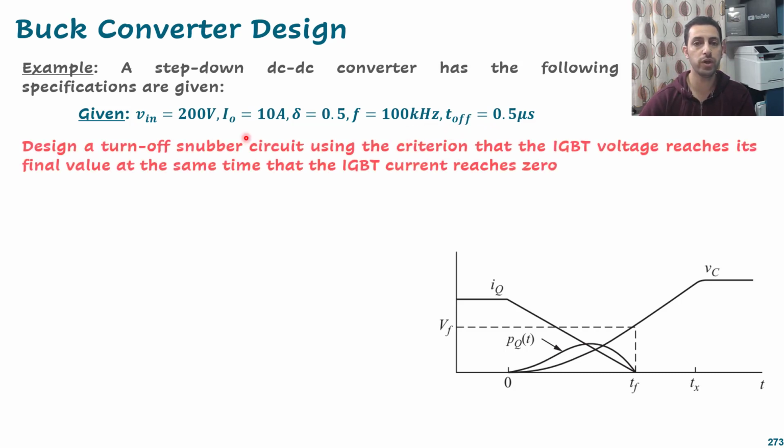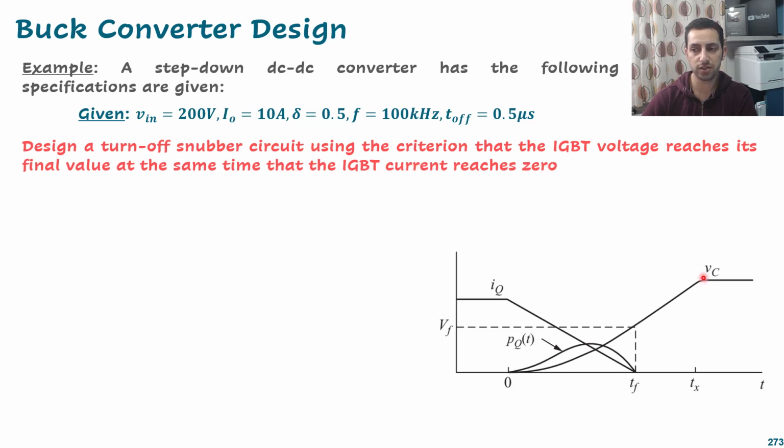So we want to design a turn-off snubber circuit with the criterion that the IGBT voltage, which is this one, reaches its maximum or final value, which is this point here, at the same time that the IGBT current reaches 0.